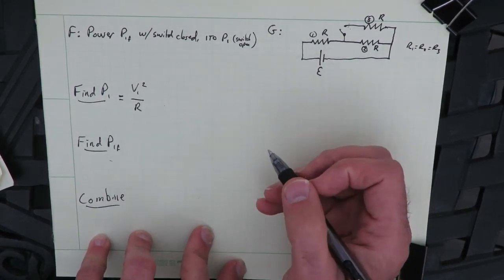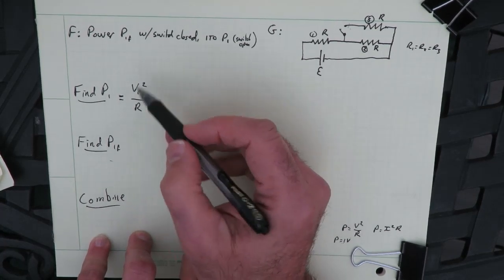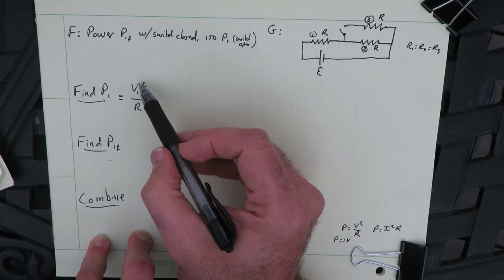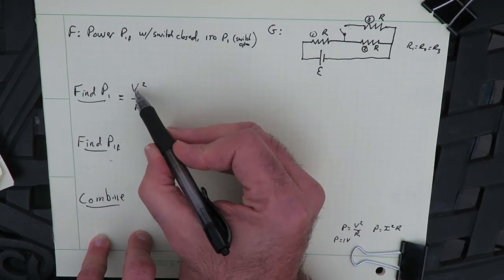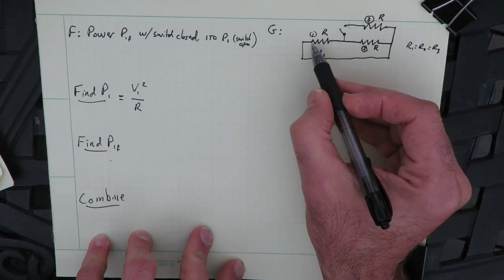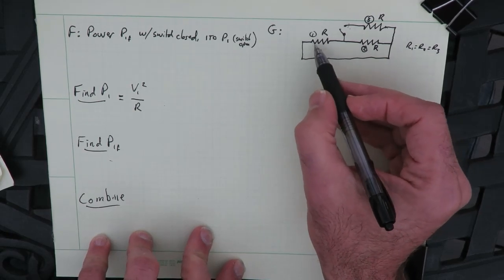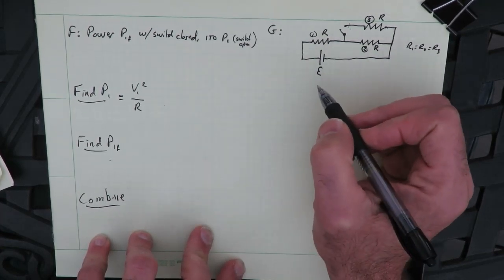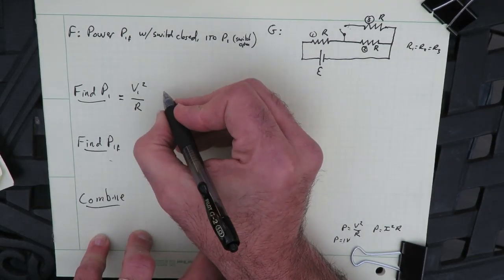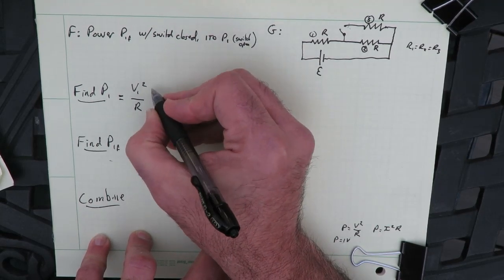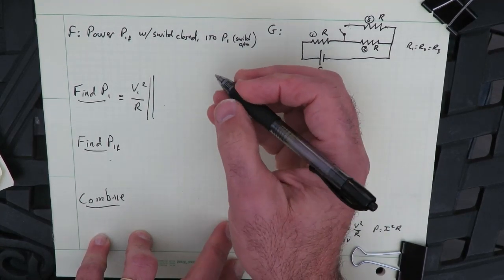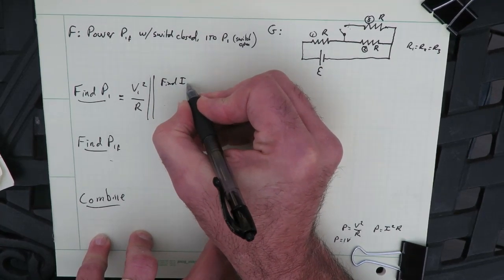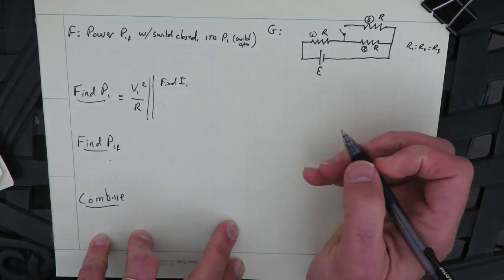Okay, so we want to be able to feed this. To be able to find the voltage drop, that's what V1 is. V1 is the voltage drop across this resistor. To be able to find that voltage drop, we have to know the current which is passing through that resistor. So first we're going to find I1, the initial current in the initial state.